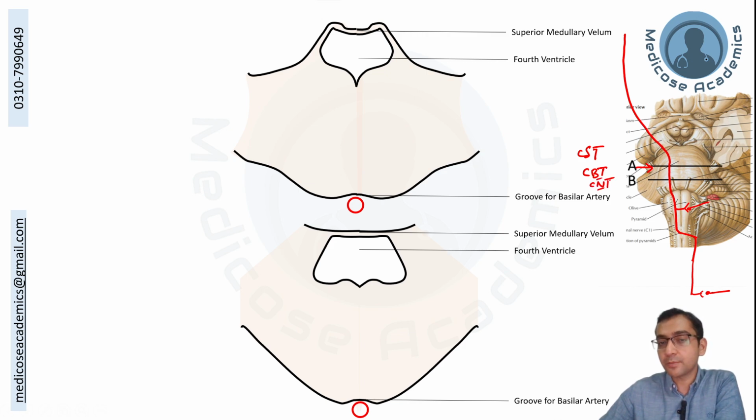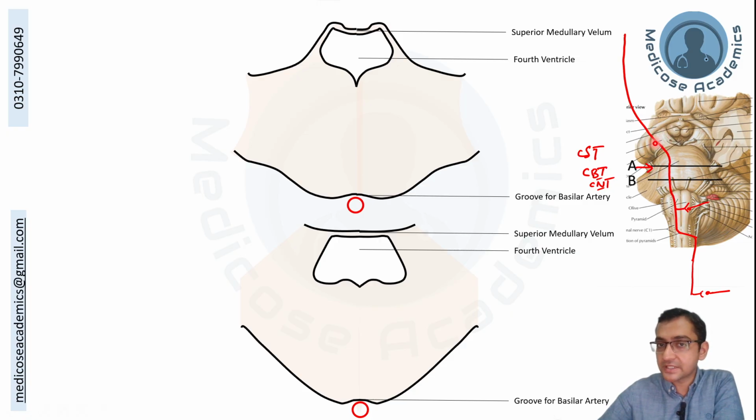These are the fibers that start from the brain and terminate in the relevant part of the brainstem, where they are going to supply the cranial nerve nuclei. In the medulla oblongata, you saw it joined as pyramid.